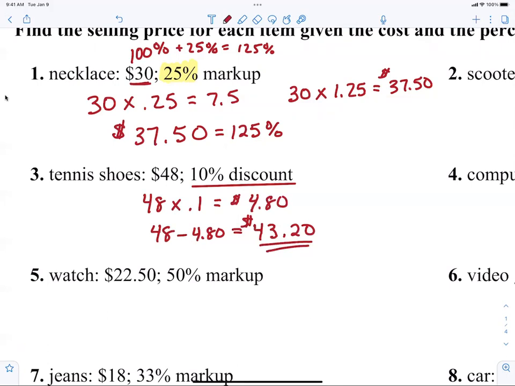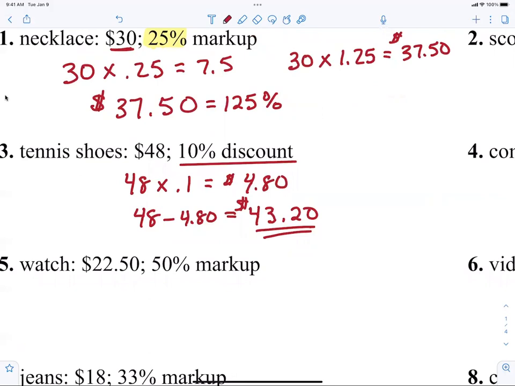That's one technique. Is there a shortcut? Yes, and that's what we're learning today. Last year you didn't learn a shortcut. This year I'm making sure you know shortcuts. So anybody look up. $48 represents what percent? 100%. If I discount something 10%, am I adding or subtracting?